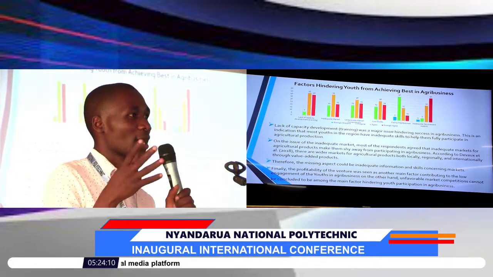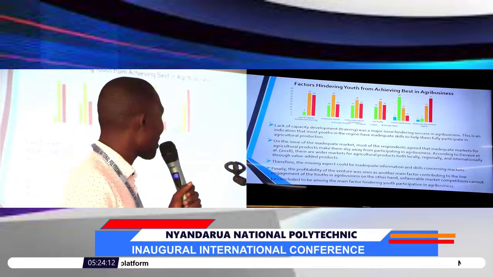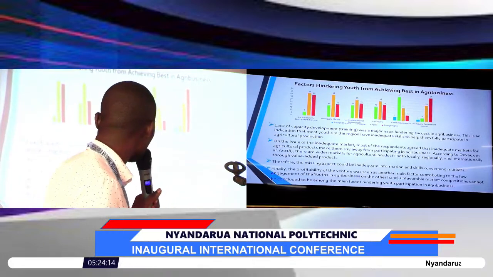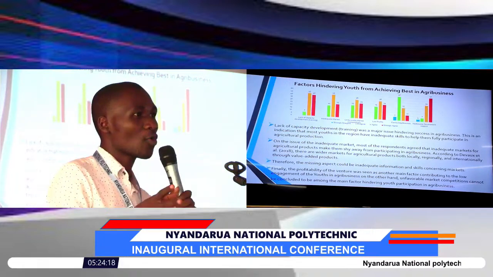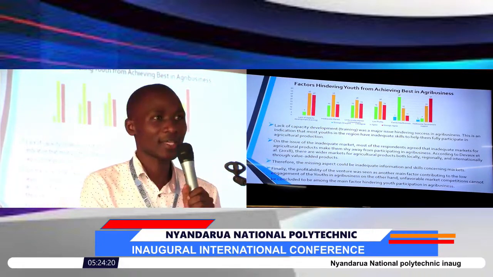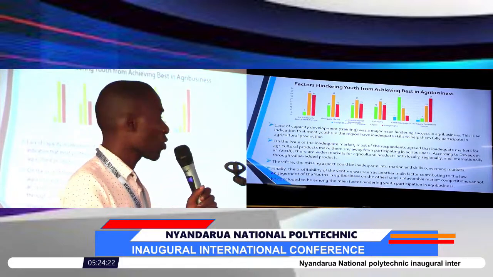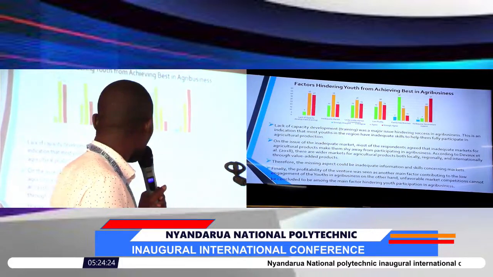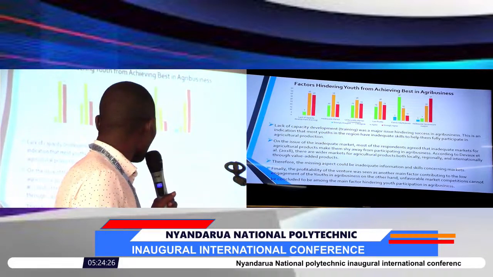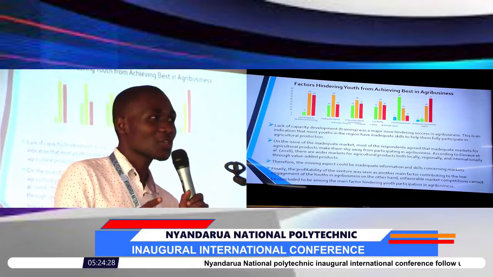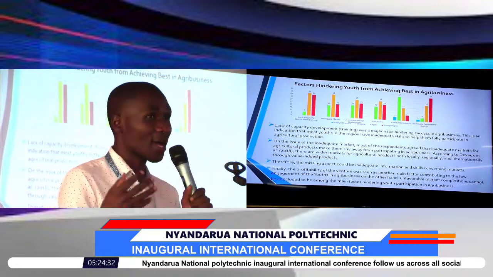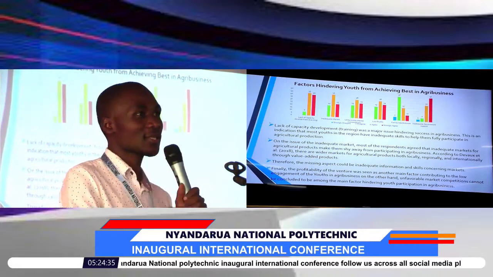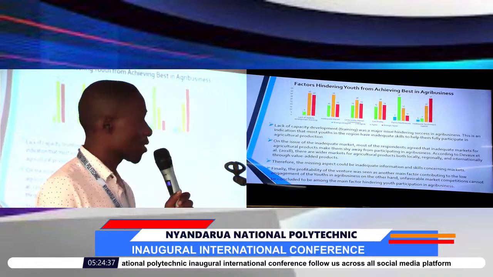Also, the inadequate market. Some of them view that there is no market for the products they are producing because they are in rural areas. Another one was the issue of information. There is inadequate information concerning the venture, thus it hinders them from achieving the best.